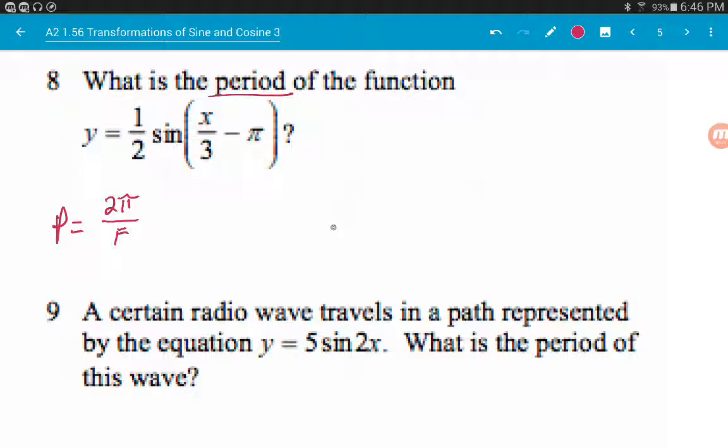So here's the equivalence that I use. X divided by 3 is equal to 1/3 x. I can change that to make it into multiplication instead of division. So I'll rewrite this equation, y equals 1/2 sine of 1/3 x minus pi. Now it should be obvious by now that this is going to be the frequency.